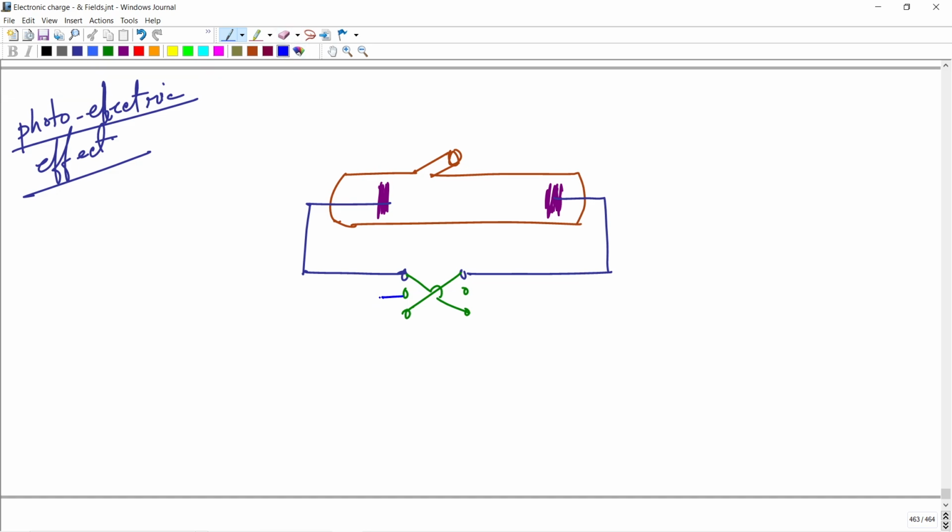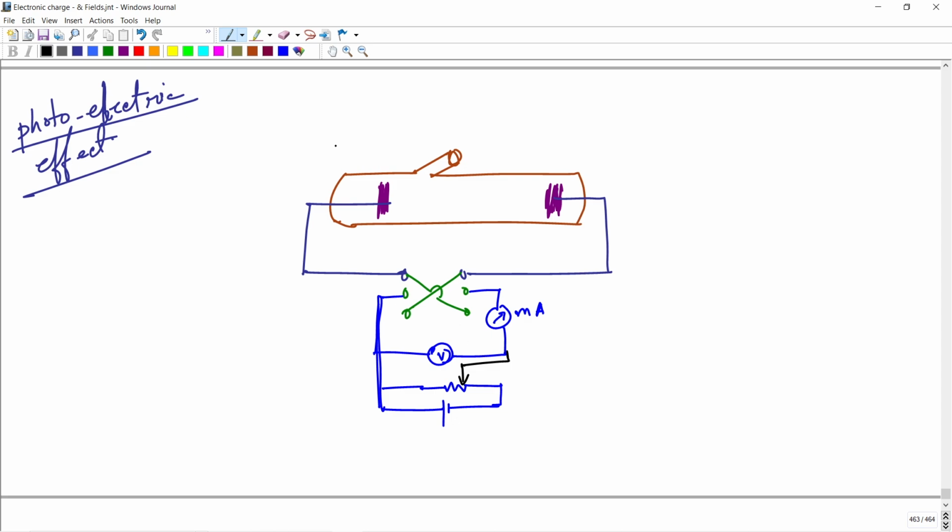There is a voltmeter here for measuring potential, and a current meter, a milliammeter, for measuring current, and there is a battery, and this is variable, obviously.